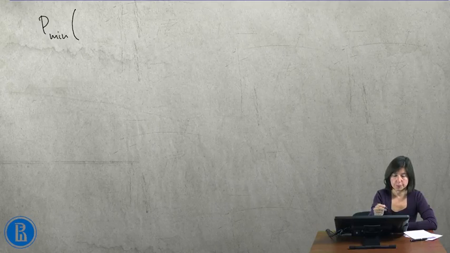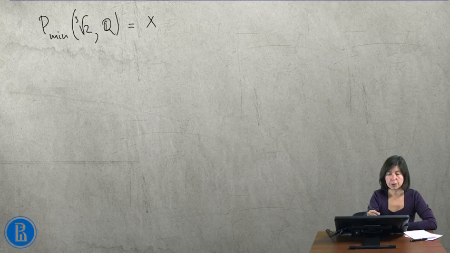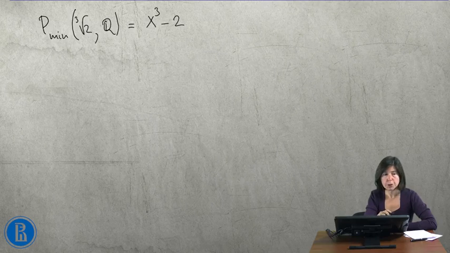The minimal polynomial of the cubic root of 2 over Q is x cubed minus 2. This is an irreducible polynomial over Q, which has this cubic root of 2 as a root.